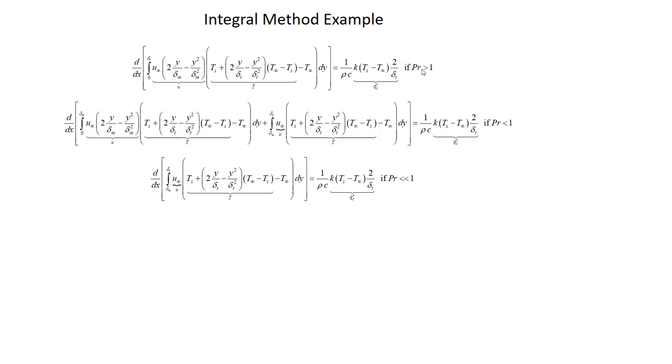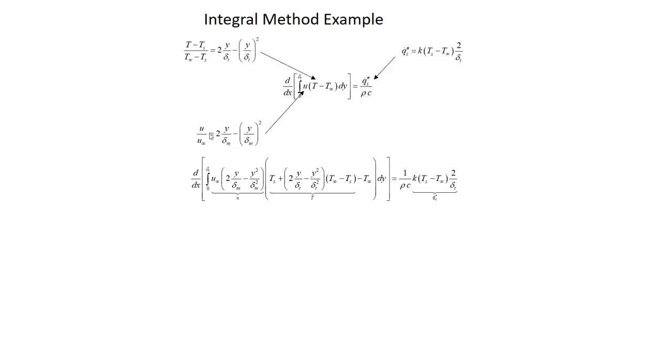Right, if I have a Prandtl number less than 1, then I need to come back and rethink what the velocity distribution should be here, right? And actually what I need to do is break it into two integrals. So if we go back one here, I need to break this integral up into two integrals.